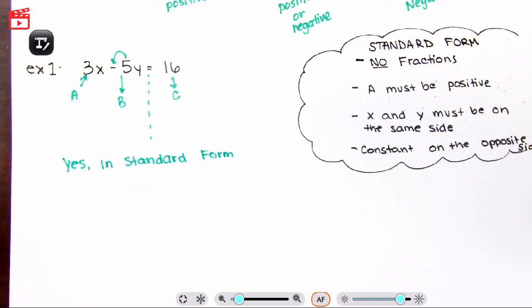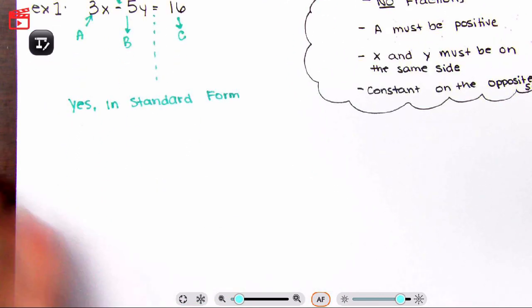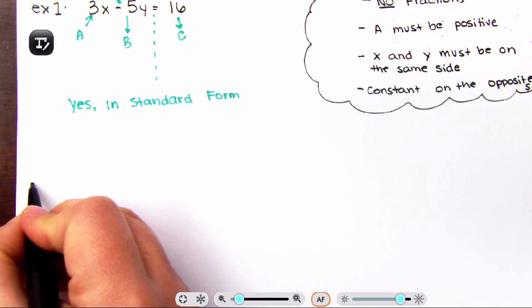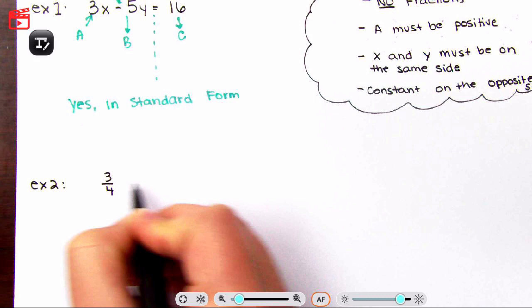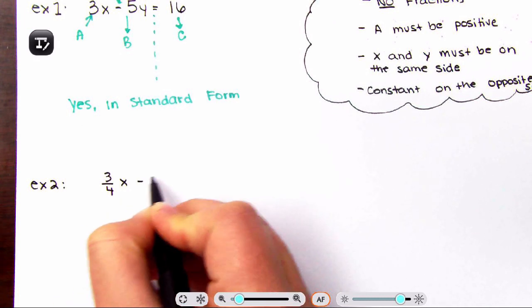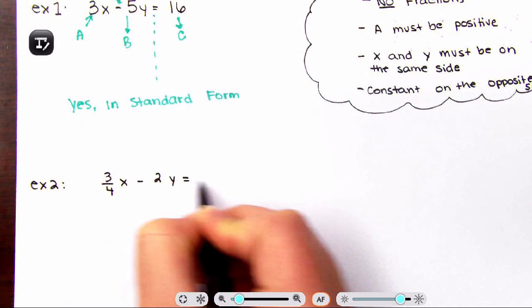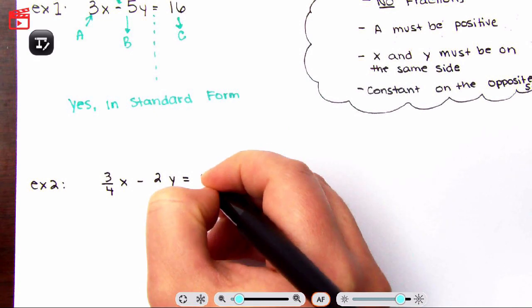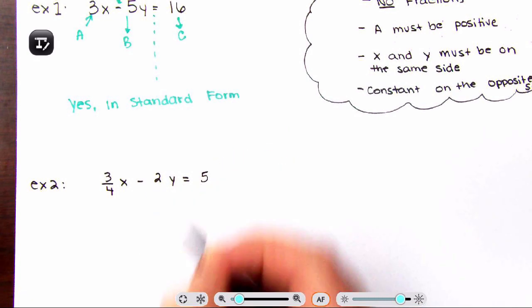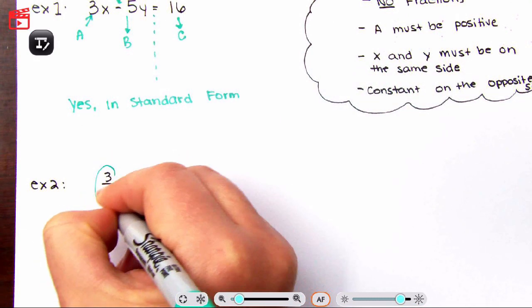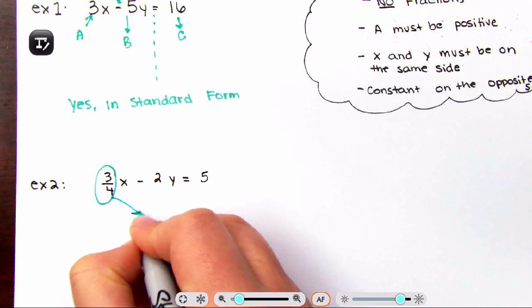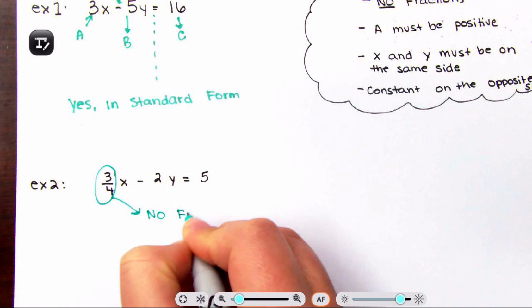Now let's say we have example number 2. Let's show you an example that does not work. So if we have 3/4 x minus 2y is equal to, I don't know, 5. This one is not in standard form because we have a fraction. No fractions are allowed.